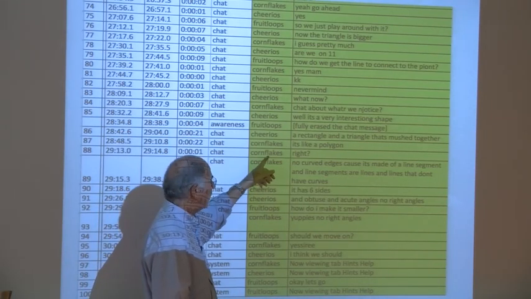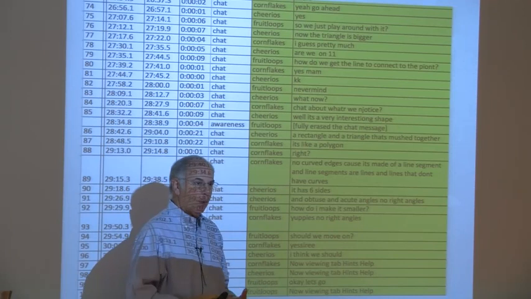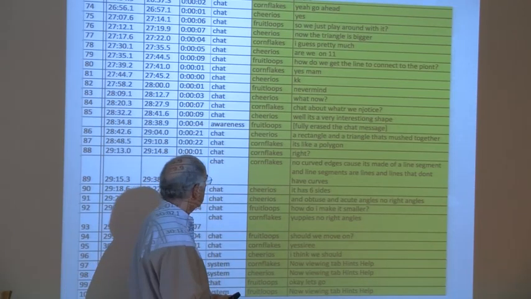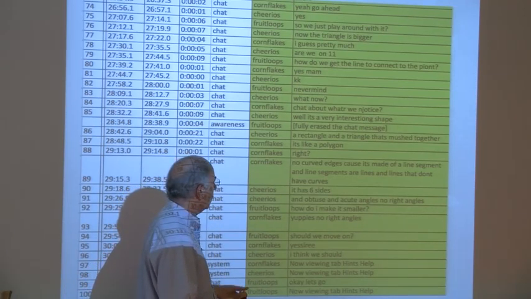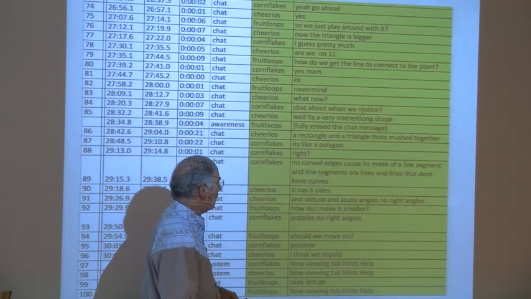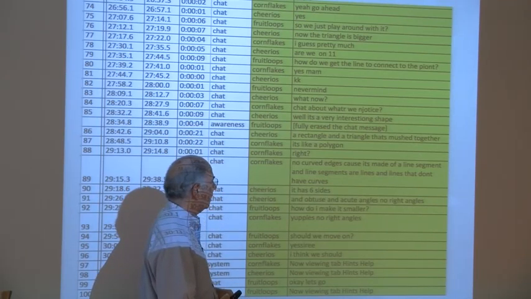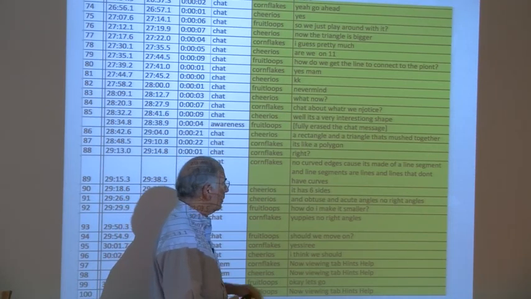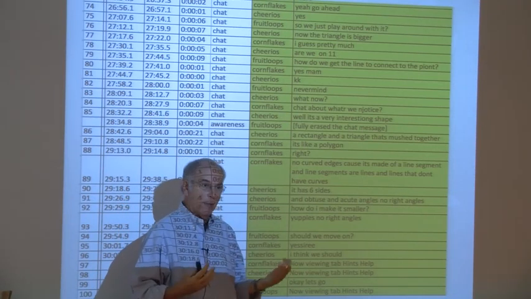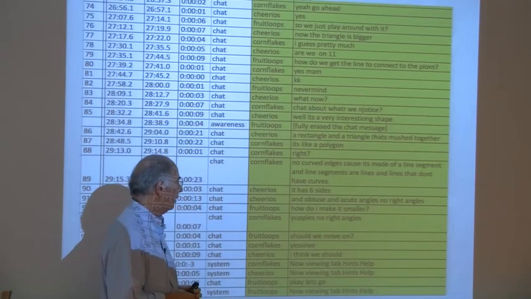So Cornflakes wants the others to respond, either agreeing or not. No curved edges, because it's made of a line segment, and line segments are lines that don't have curves. So this is talking about geometric aspects of it.